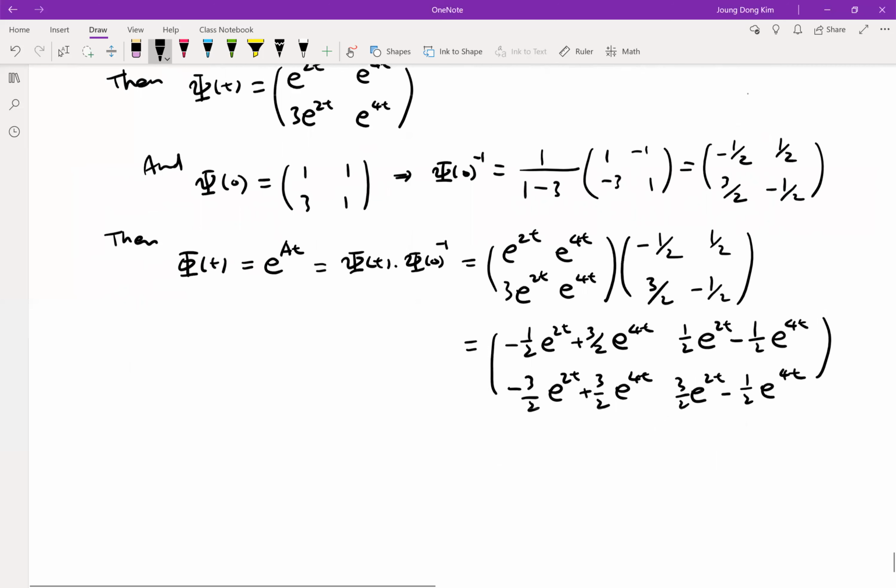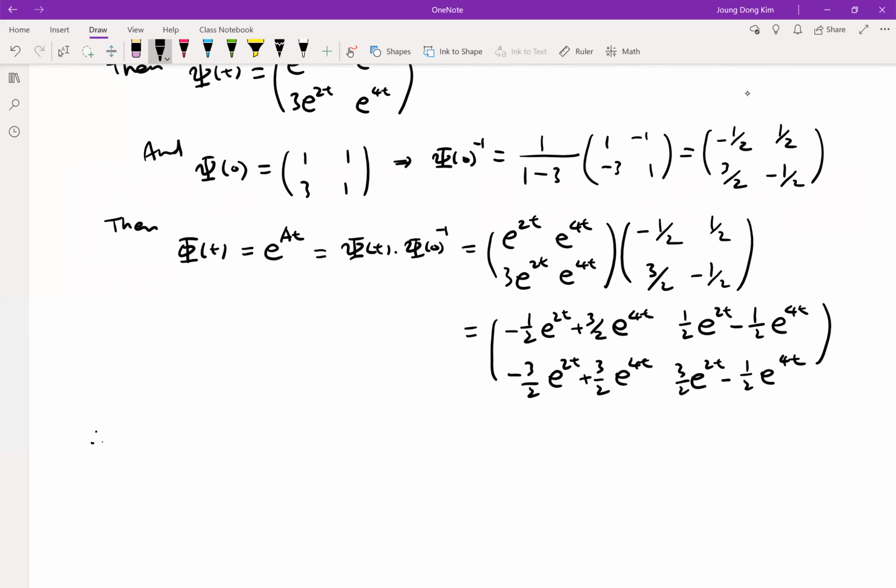Then what is my solution? The solution is equal to Φ(t) times x0, or with the matrix exponential function, times the initial condition.